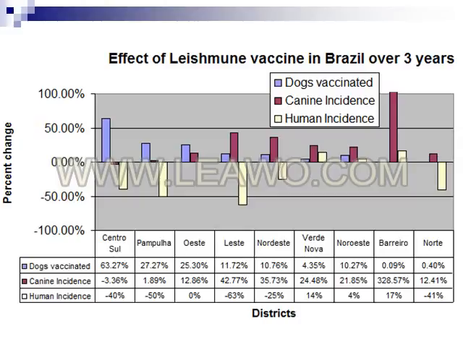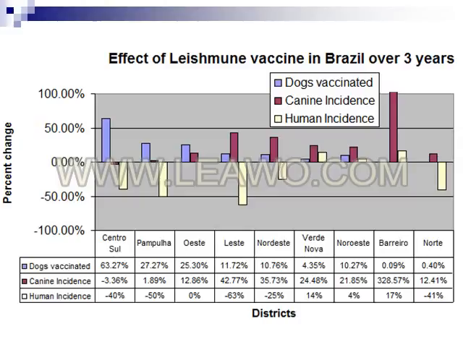Looking at the graph, it can be seen that the more dogs that were vaccinated, the lower the canine as well as the human incidence was. So let's take, for example, the first district seen on the left, the first bars, Central Seoul: 63% of dogs were vaccinated and human incidence decreased by 40%.